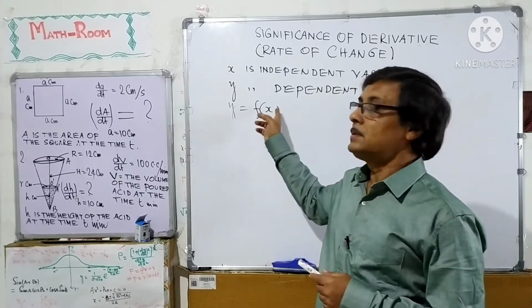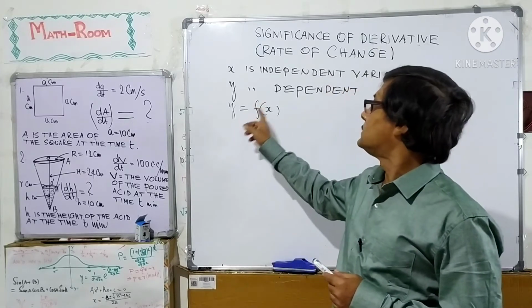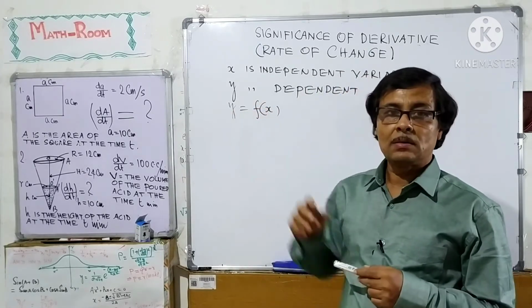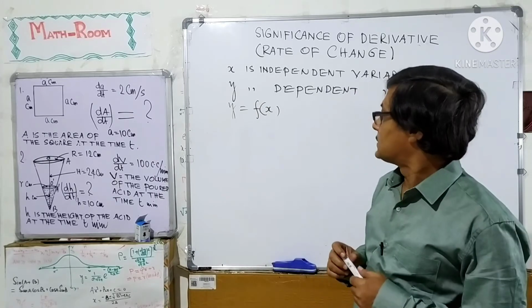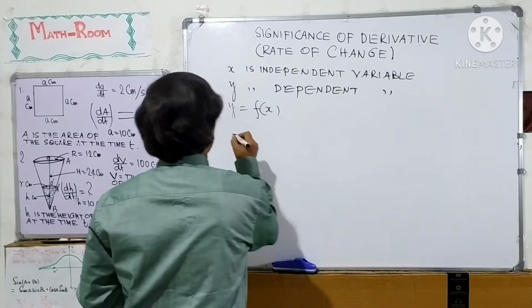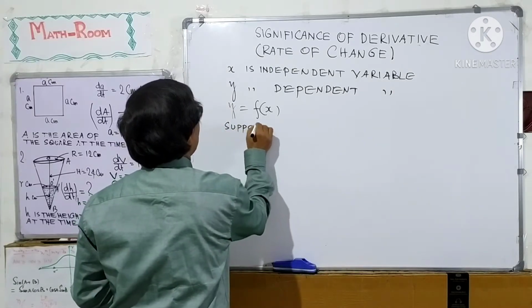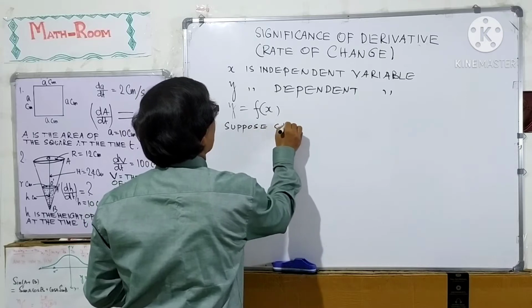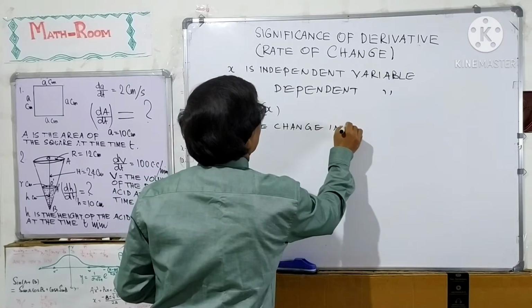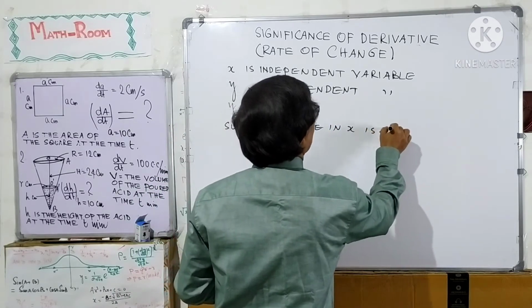So if x changes, then obviously y changes, because y is dependent on x. Suppose the change in x is del x.